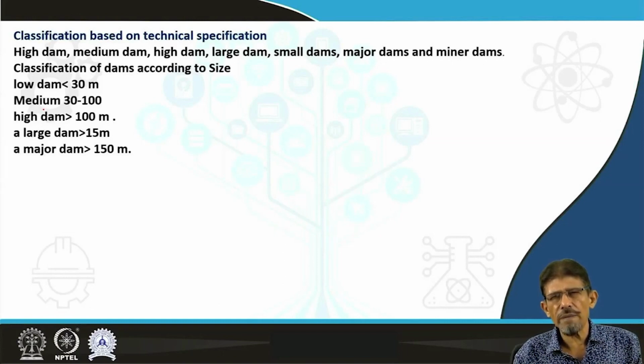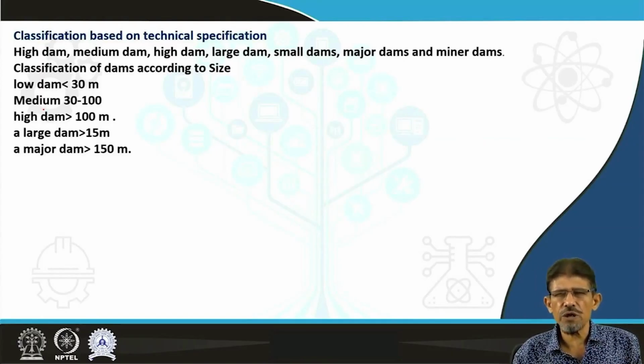The low dam has a height of less than 30 meters. However, the high dam has a height of more than 100 meters. In between these two, the medium dam ranges in height from 30 to 100 meters.